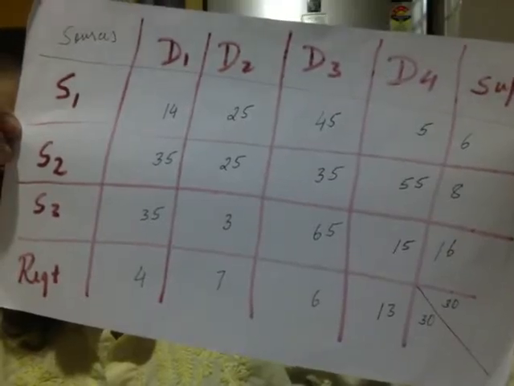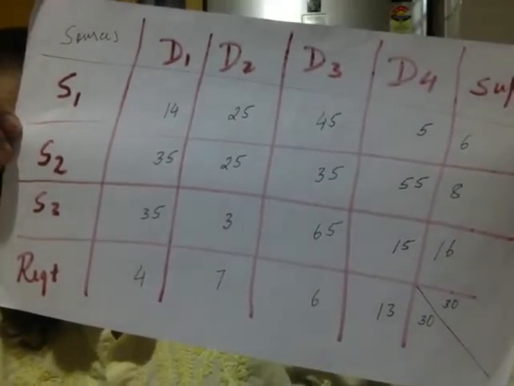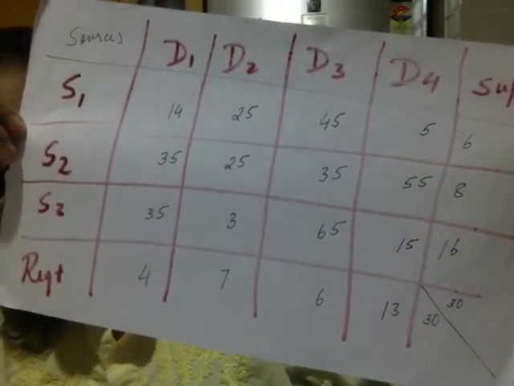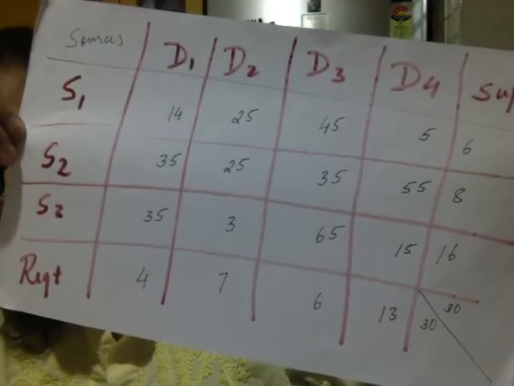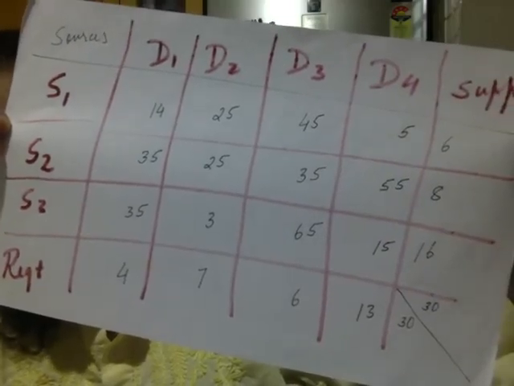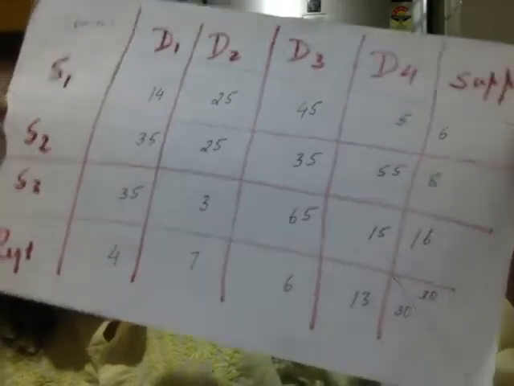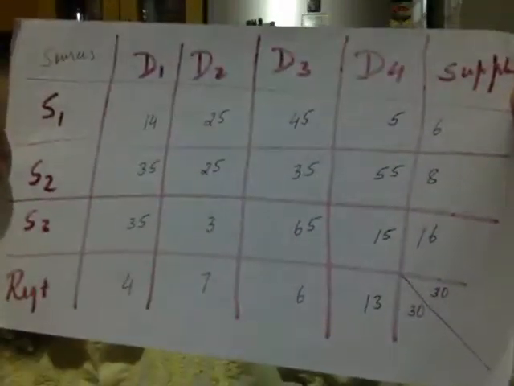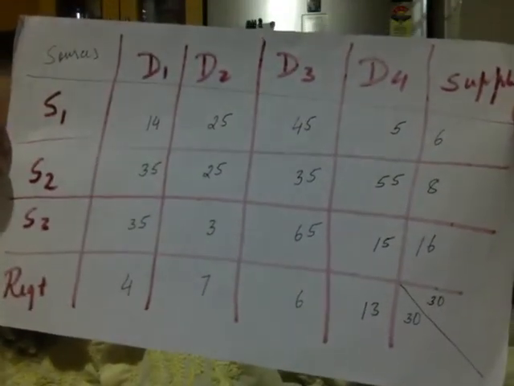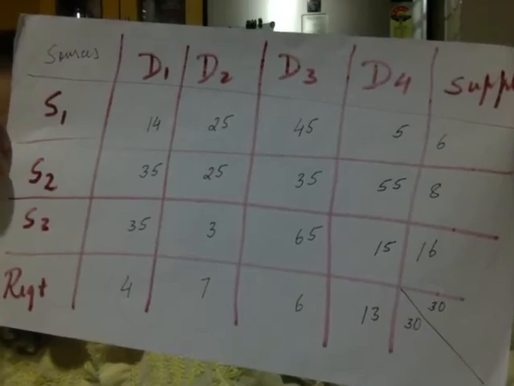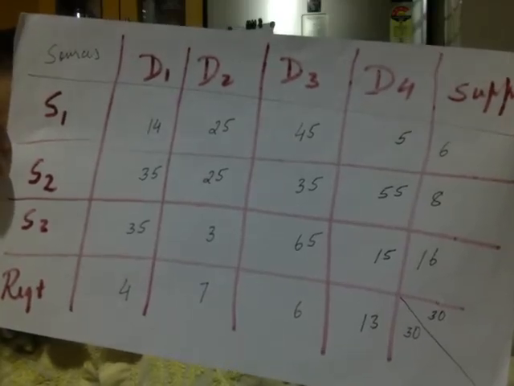S1, S2, S3, and the requirement. Heading is sources. You have D1, D2, D3, D4, and you have supply. Okay, all the numbers. If anybody has not copied, please copy them. Ready? Now the first way we are going to do it is with the northwest corner rule.